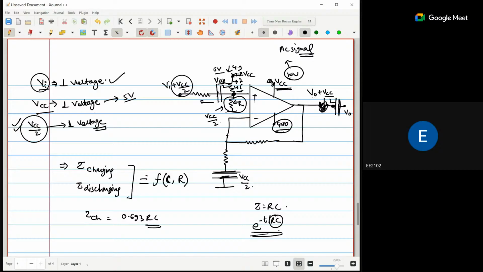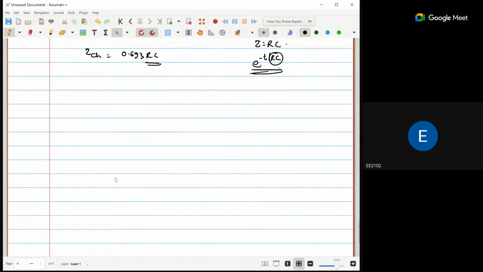Now if I go through the internal circuit, we have VI, along with VI we have RS, then the capacitor, then this voltage VCC, and R and R. What is the voltage at this point?